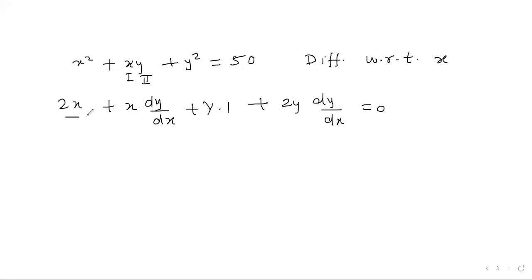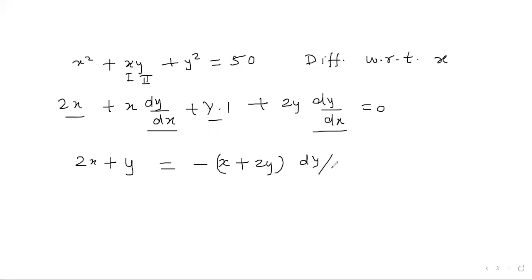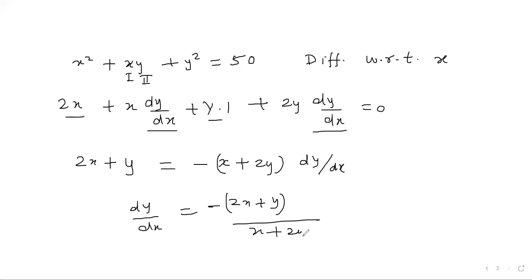So we can shift the terms containing dy by dx to RHS. Anything can be done. So 2x plus y equal to, suppose we shift these terms to RHS, minus x plus 2y times dy by dx. So dy by dx will be equal to 2x plus y divided by x plus 2y. Next question.